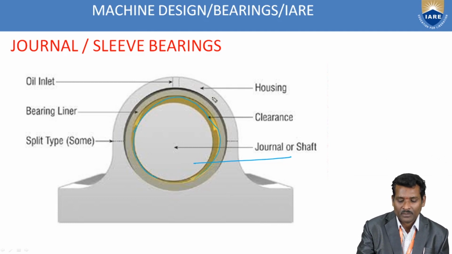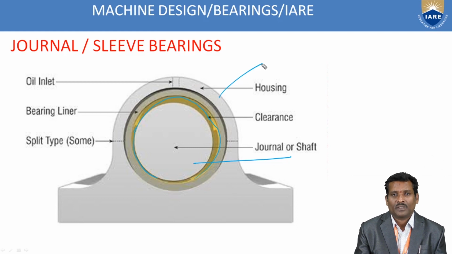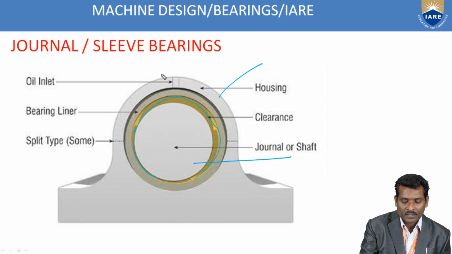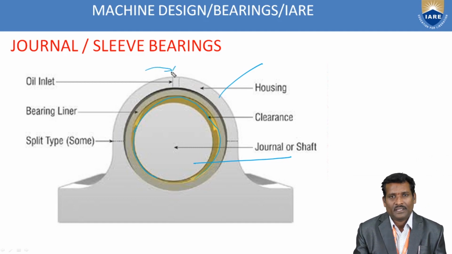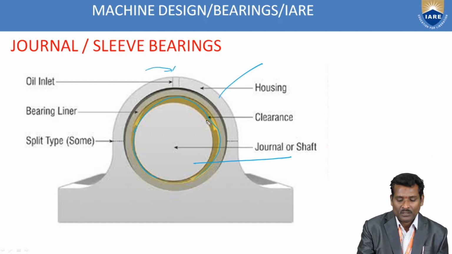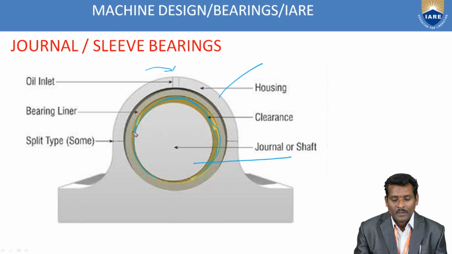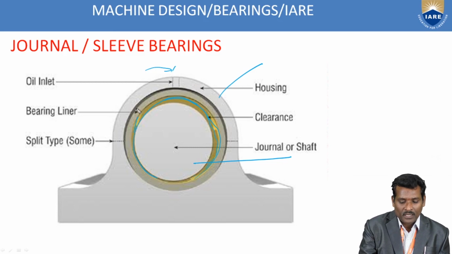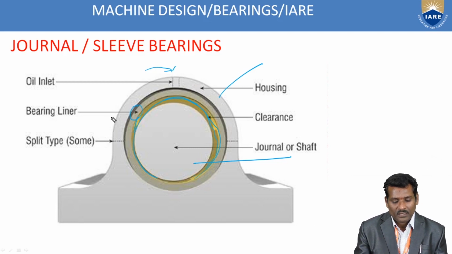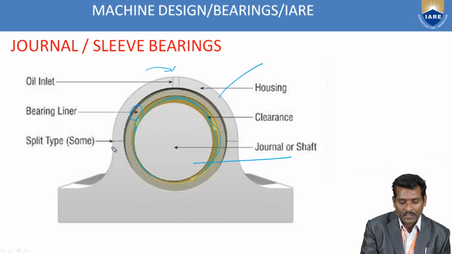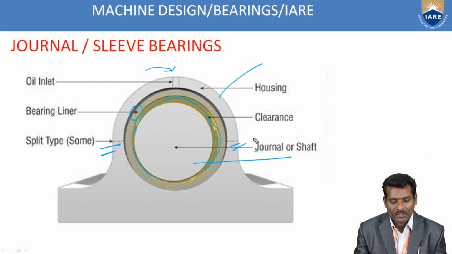The fixed element is the housing, the bearing housing, also called the frame, and this is the oil inlet. The journal, while rotating, draws oil into this gap clearance. This one is the bearing liner, and this is a split type bearing.